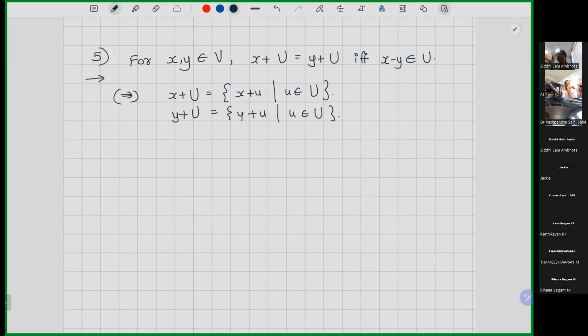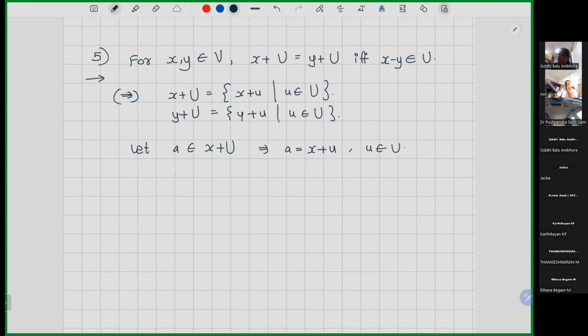Okay, so let A belong to x plus U. So this implies that A is equal to x plus u for some u in U, right?